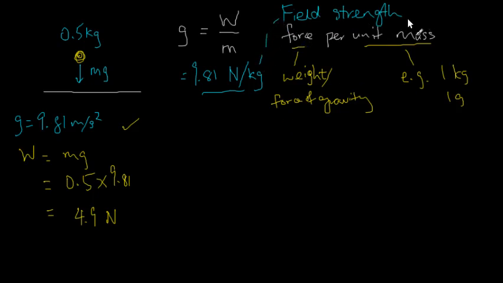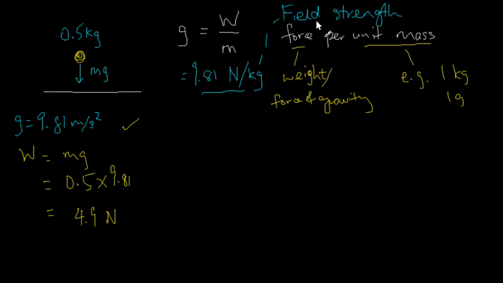Field strength means the force per unit mass in a field where we have gravitational forces, and the idea also extends to other types of forces like magnetic forces and electric forces, but we'll talk about that another time. So for now, we have a new term called field strength, and the meaning of field strength is simply the force per unit mass.